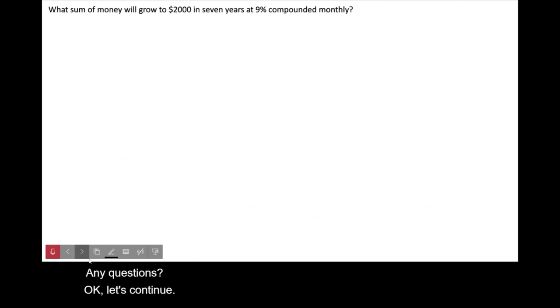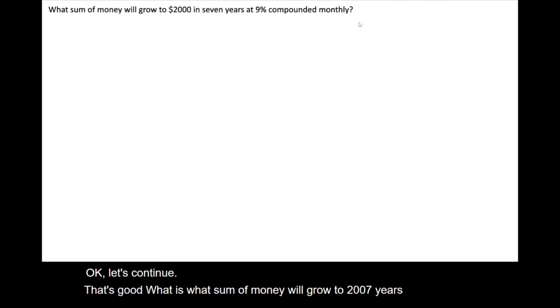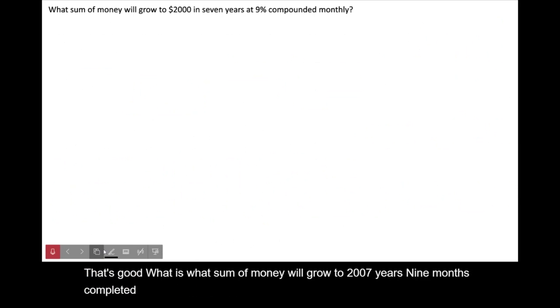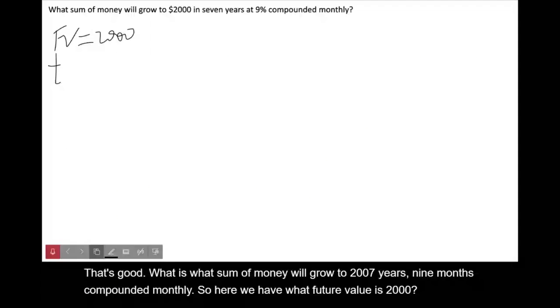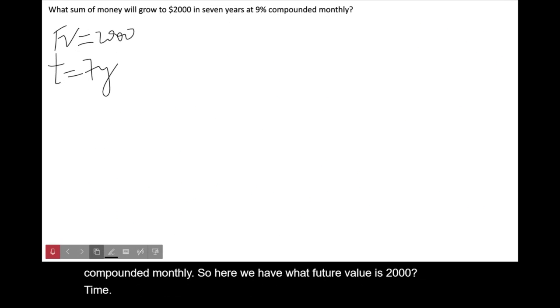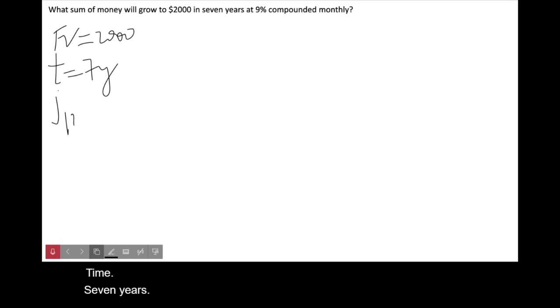What sum of money will grow to 2,000 in 7 years, 9 months compounded monthly? So here we have future value 2,000, J12 9%. Now we need to find present value.